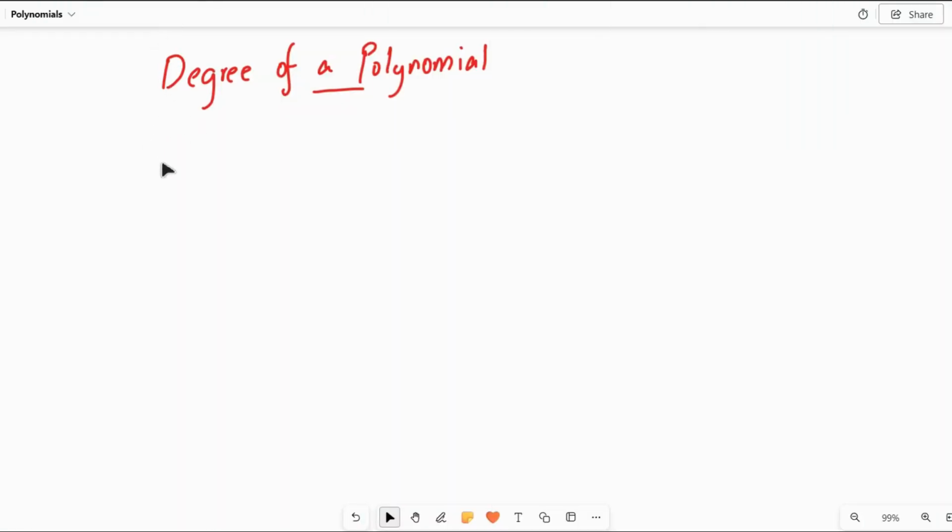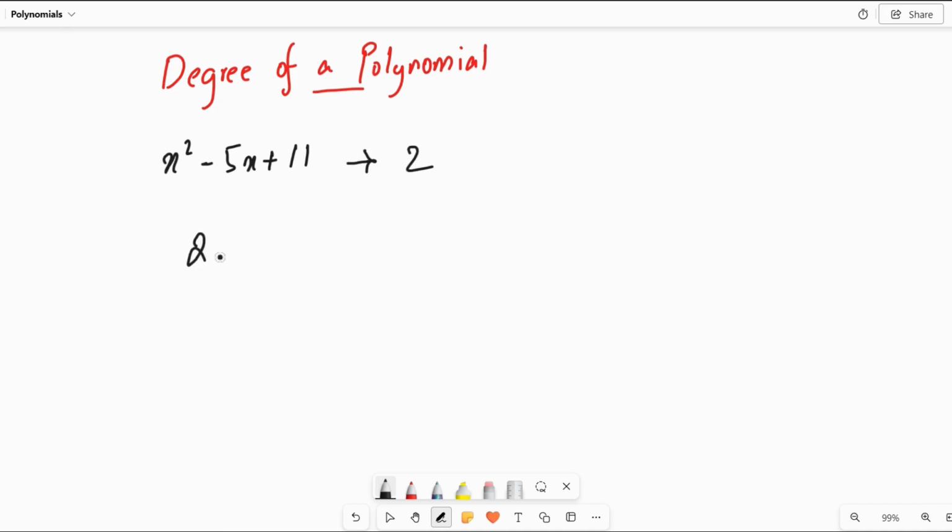Now, let's discuss the degree of a polynomial. So the degree is nothing but the highest power of a variable in the polynomial. For example, in a polynomial x square minus 5x plus 11, the highest exponent is 2, so it is a second degree polynomial.